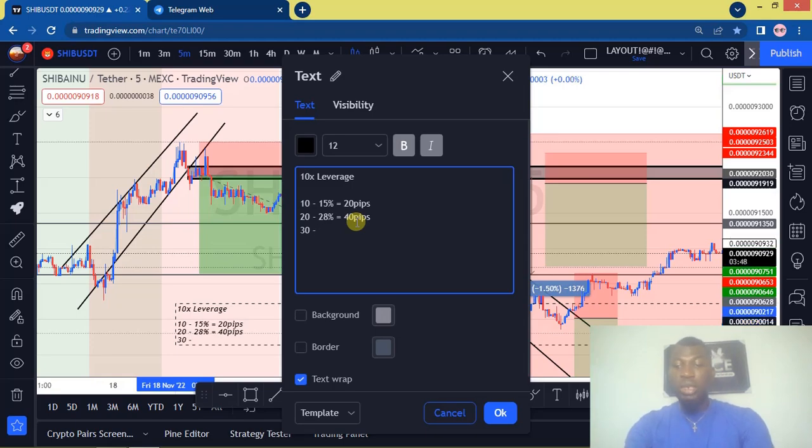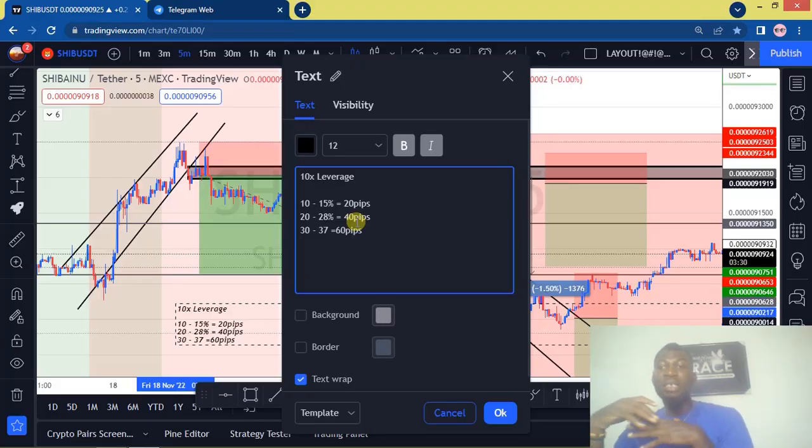Then when it is 30 to 37%, it means you have done 60 pips on that trade. Now when it's 40 to 48%, it means 78 pips.